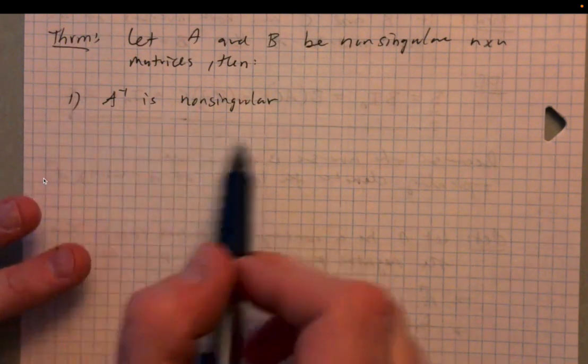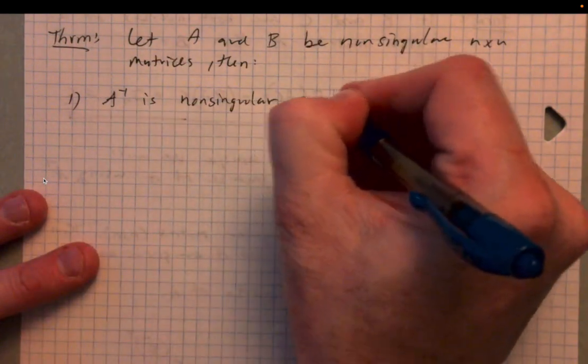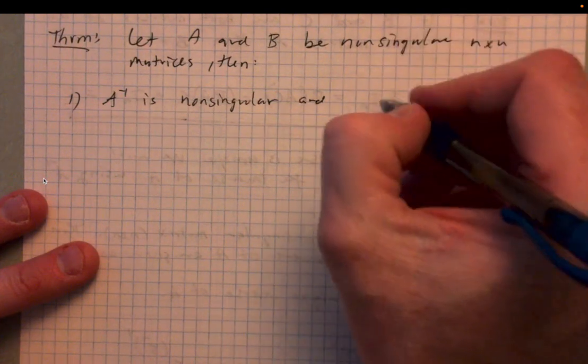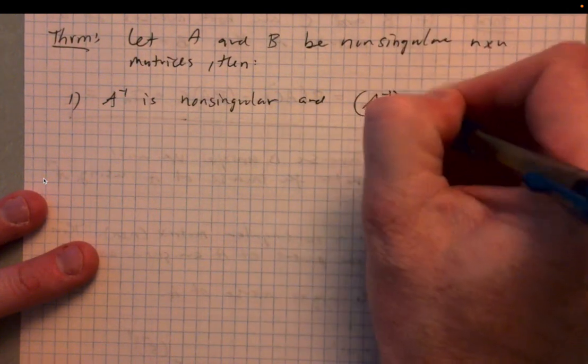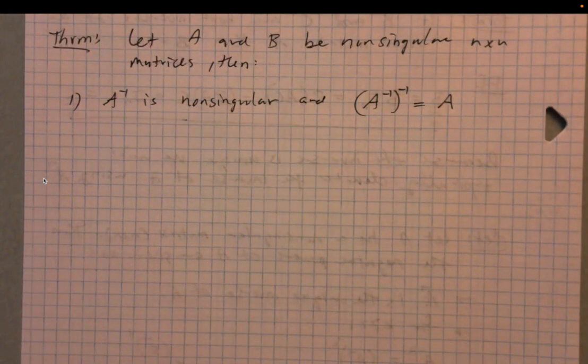But this is nice. We like to go through this because A inverse is non-singular, and this introduces some notational conventions. If I take the inverse of the inverse, I get back to the original. This is just literally applying the definition: A times B equals B times A equals identity, right?